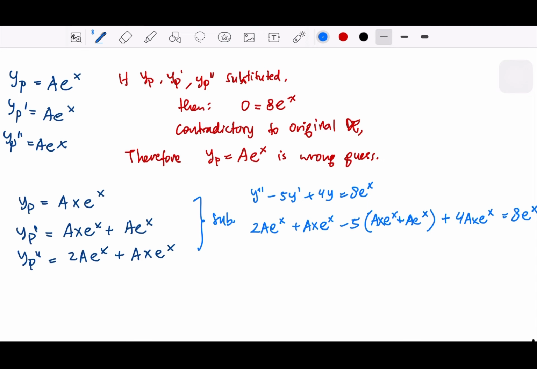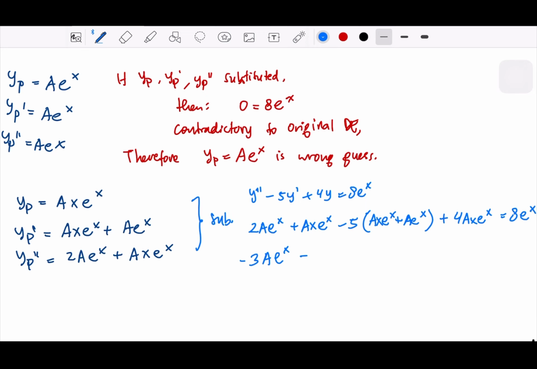Okay, I think we can solve this. Negative 4a e^x, negative 4, okay. Two minus 5. Oh, 2 minus 5 is 3, sorry. Negative 3, and this is equal to 8e^x. The other one is cancelled, right?